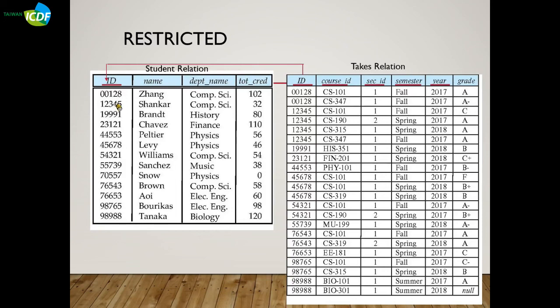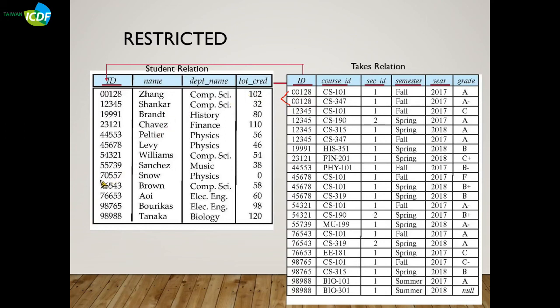We can think about a scenario: if we want to delete the student with ID 00128, if the deletion is successful, it will result in dangling reference values from the tuples with the same student ID of the text table. In order to avoid the dangling references here, the deletion of the corresponding tuples will be denied.